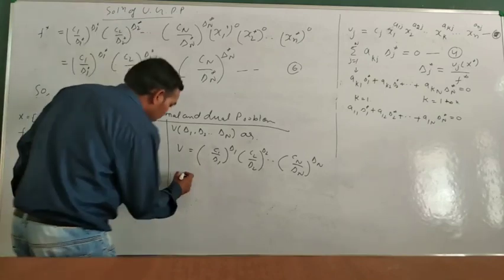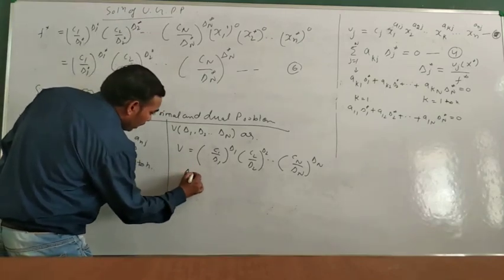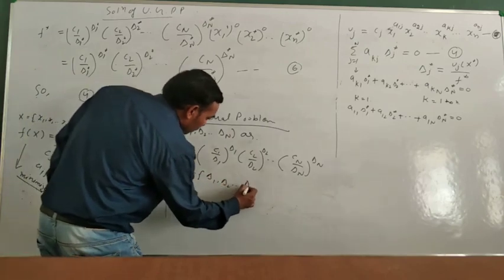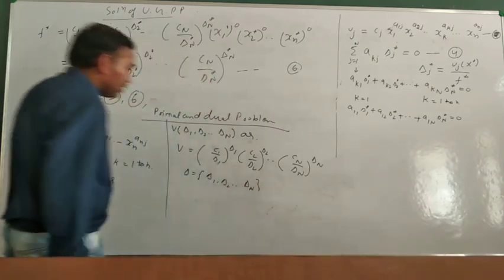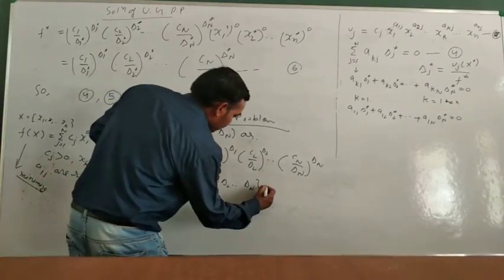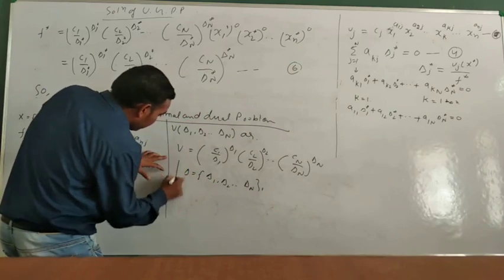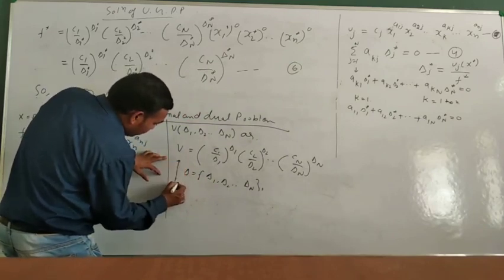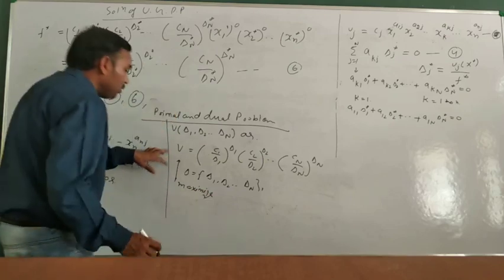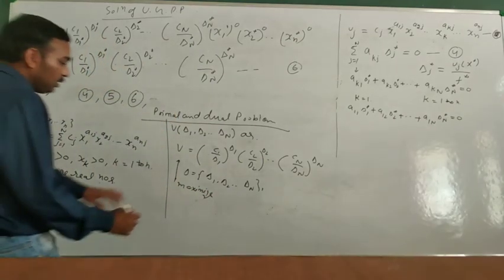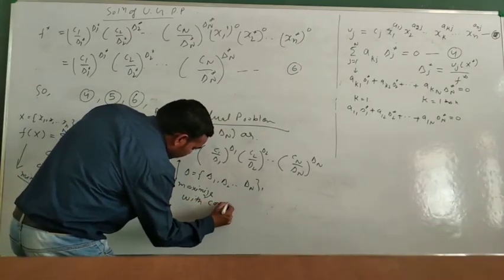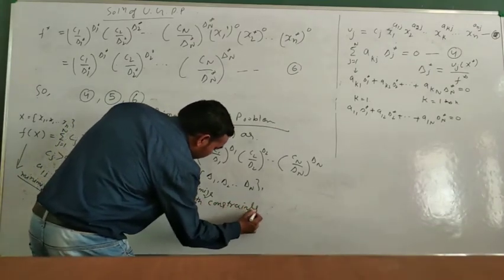Here we want to find del, that is del 1, del 2, ..., del n, such that it maximizes the dual objective function with constraints.